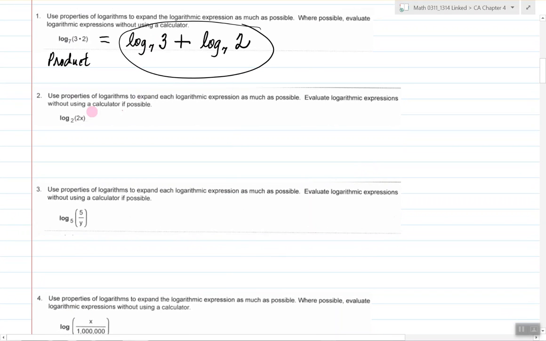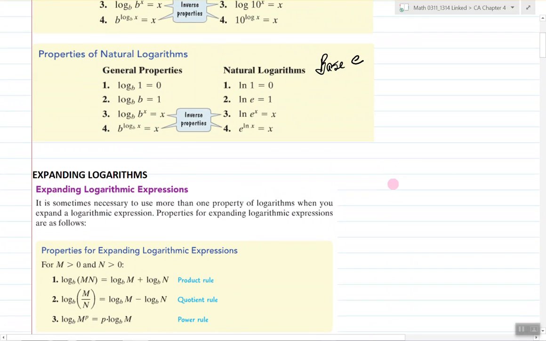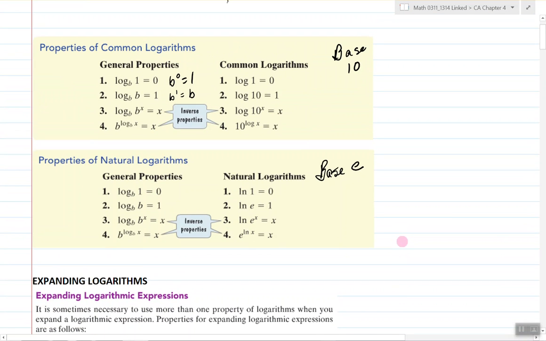This is also a product because I have argument 2 times x. So this will become the log base 2 of 2 plus the log base 2 of x. Now this looks like something I might need to think about. All right, let's look at this property. Let's circle this one.